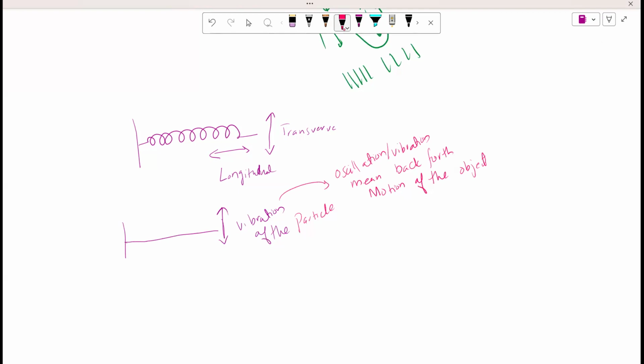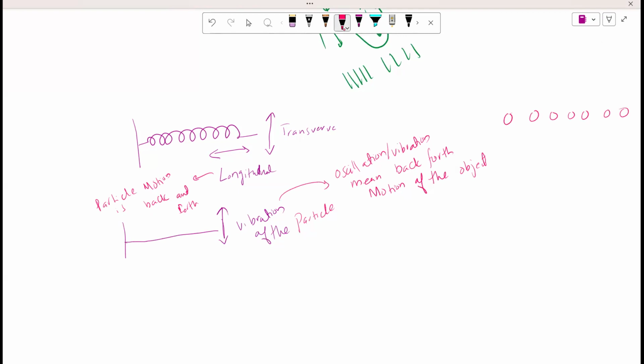Longitudinal में क्या होता है? Particle motion back and forth होता है. ठीक है? That is, अगर मैं ये particles draw करता हूँ ऐसे, everything is made up of atoms ना, ठीक है?